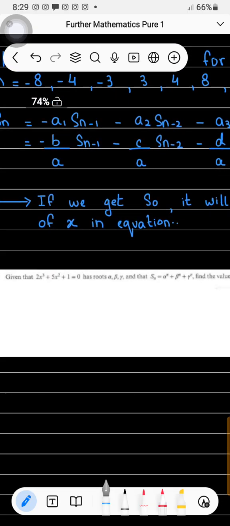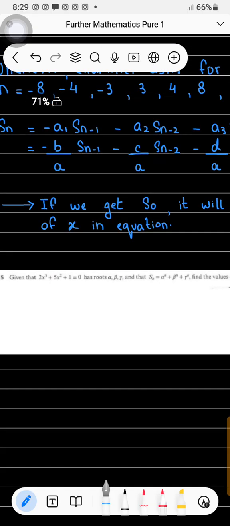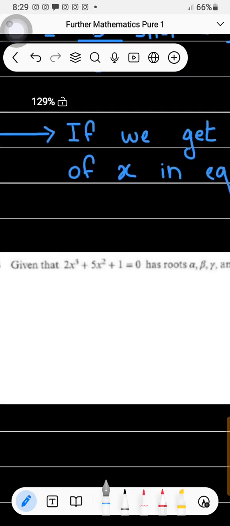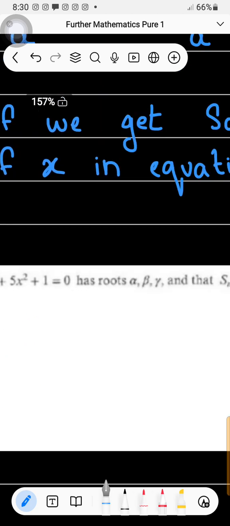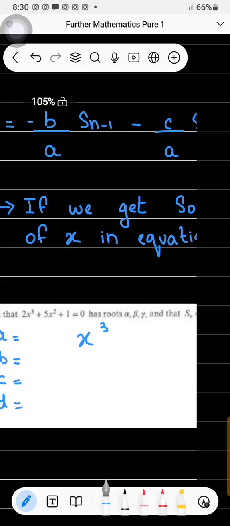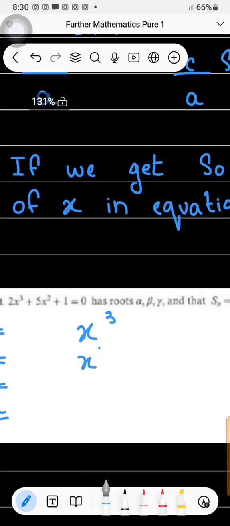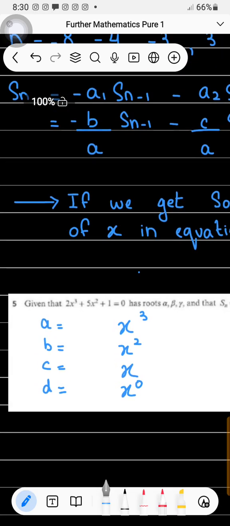This is question 5. Given that 2x cube plus 5x square plus 1 equal to 0. So we can write A, B, C and D. A is the coefficient of x cube, B is the coefficient of x square, C is the coefficient of x, and D is the coefficient of x power 0.